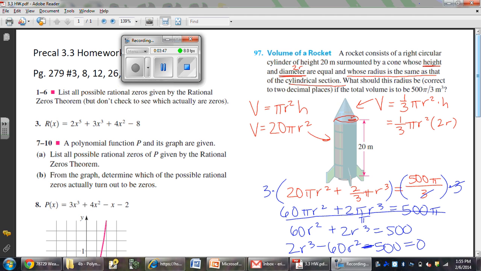We could use our method of solving polynomials that we used this whole section: the last number, the first number, possible roots, look on your calculator, do synthetic division. We're only going to want one answer, and it's the one that is positive and makes sense for the situation. So what I would do at this point is just type that into your calculator, and look to see where the graph crosses the x-axis, because that would be the solution.